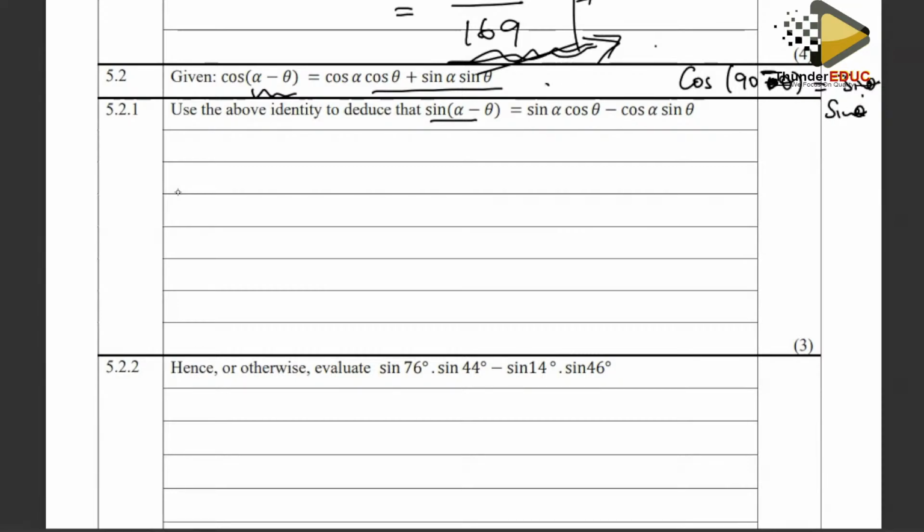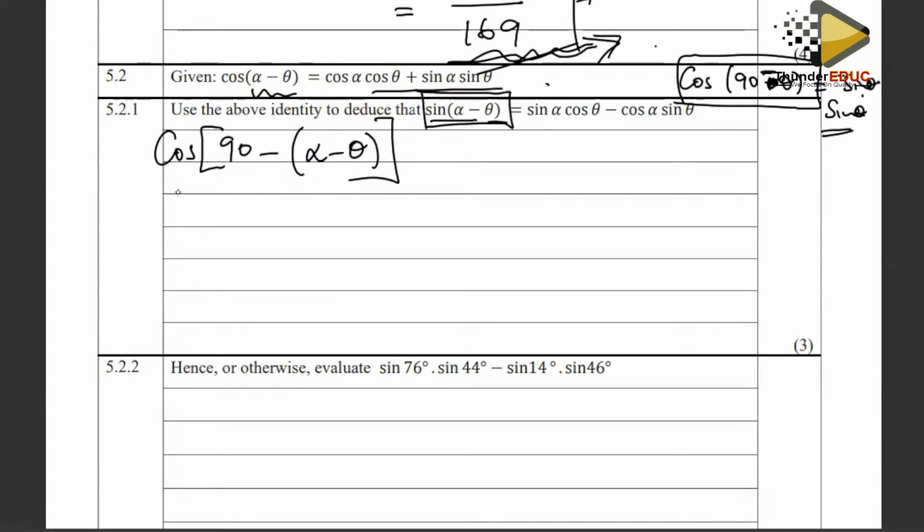So I'm going to use the 90 minus complementary approach and then get to that. So this is going to be the cos of 90 minus alpha minus theta. If you simplify this, you're definitely going to get your sine.